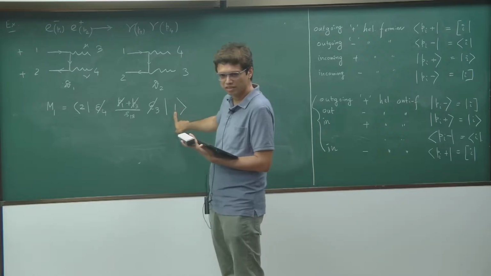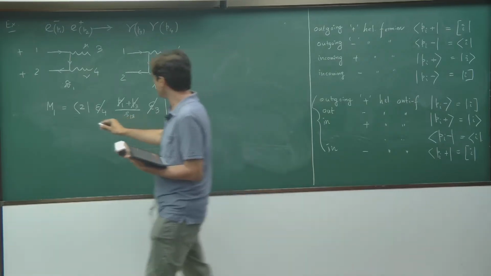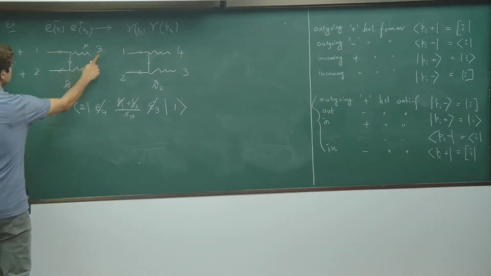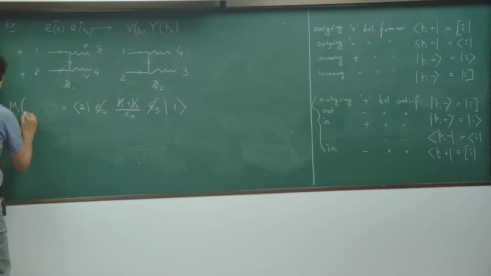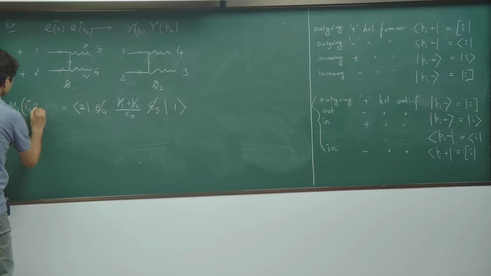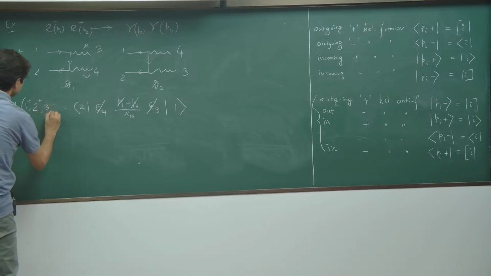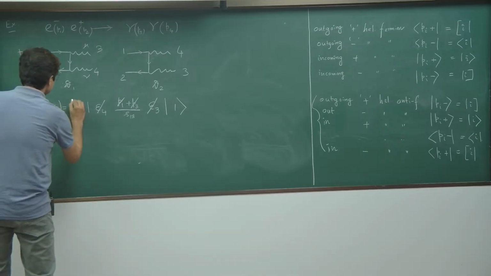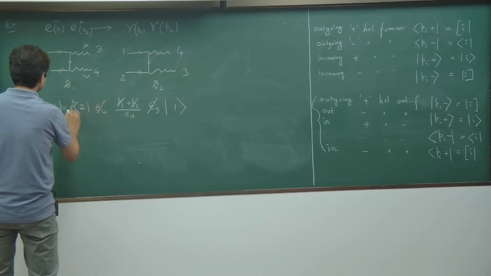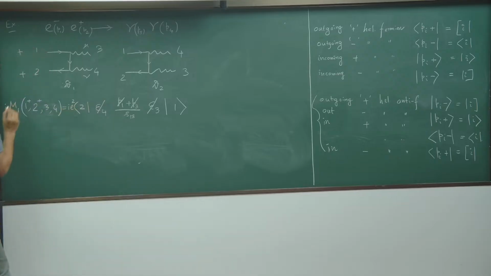I have not fixed the polarizations of 3 and 4 yet. So I should write it down in a clearer way. This is angle 1 plus 2 plus 3 4, with 3 and 4 not yet fixed. And there is e square, there is i square, here there is i, here there is i.